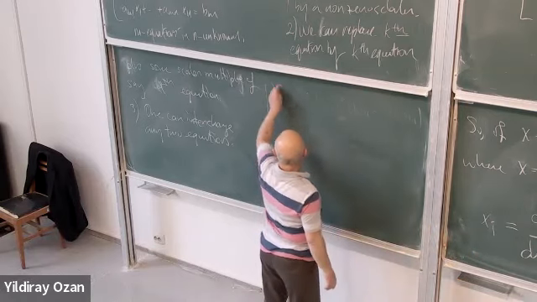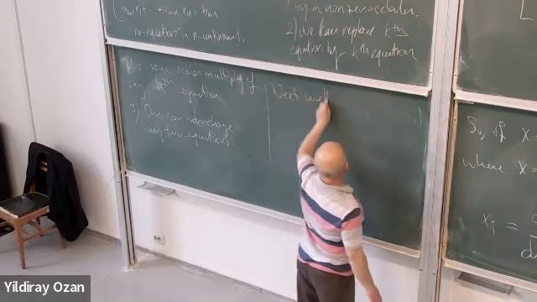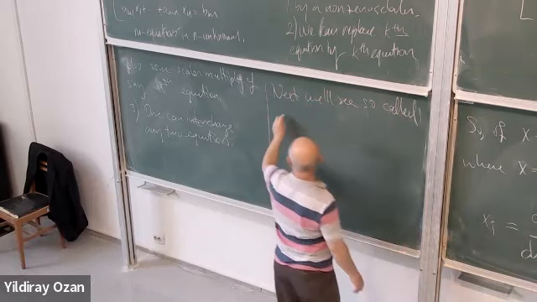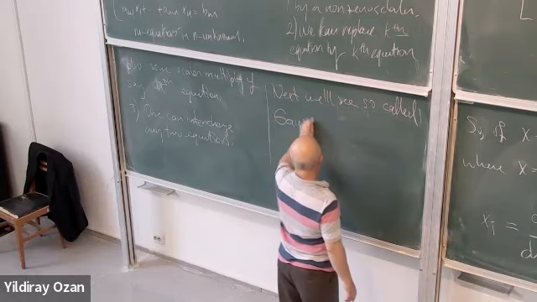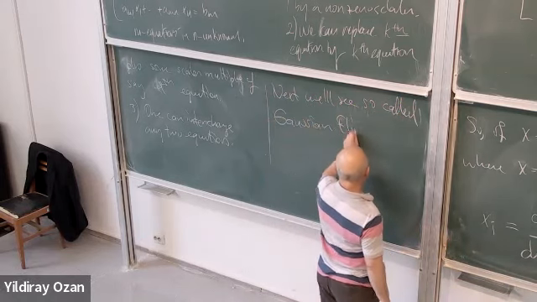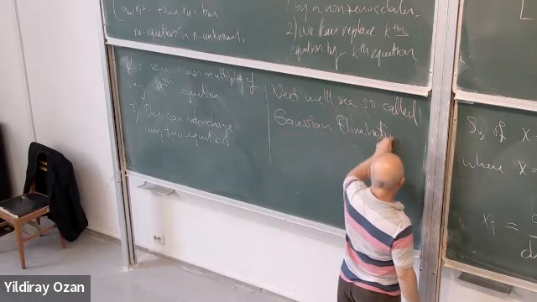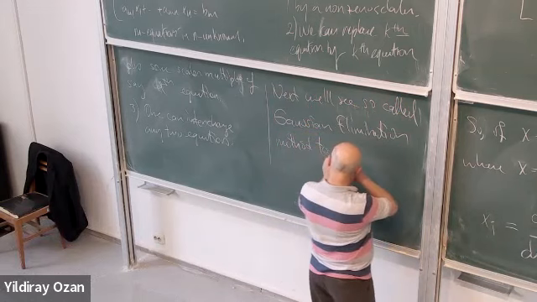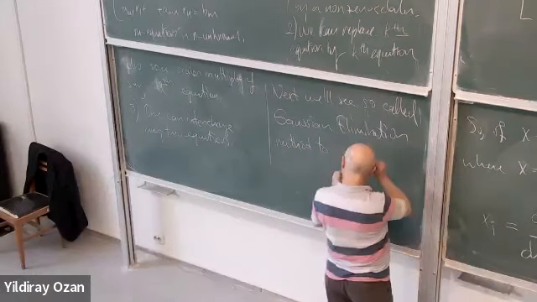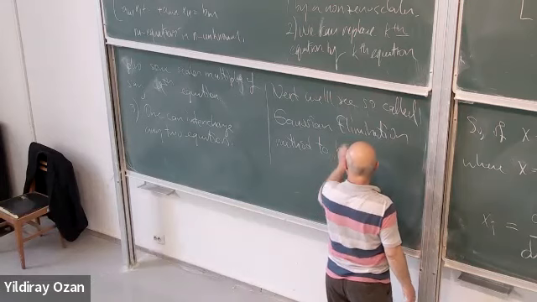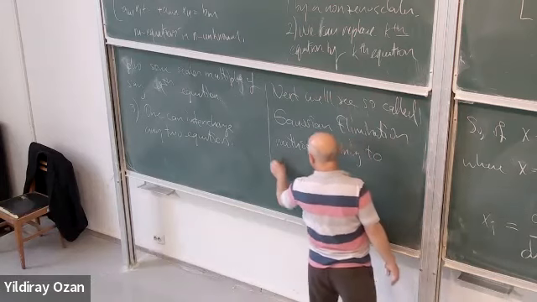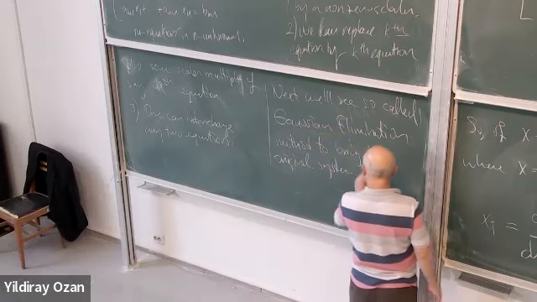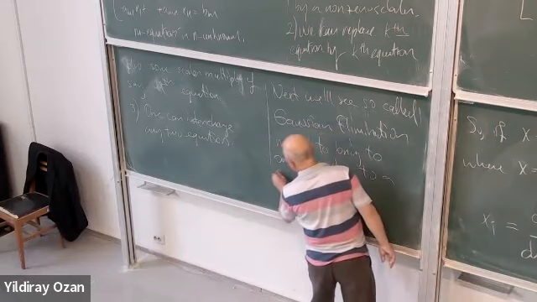So next, you will see the so-called Gaussian elimination method, to convert the original system to a simpler one.